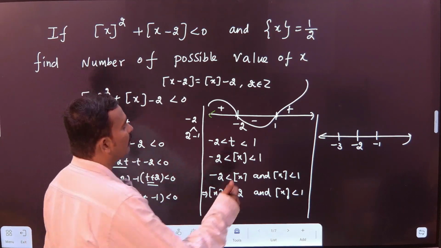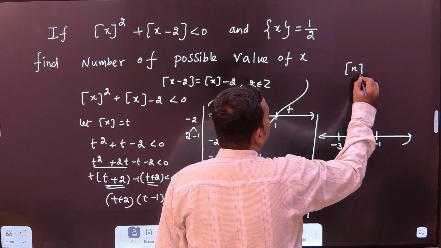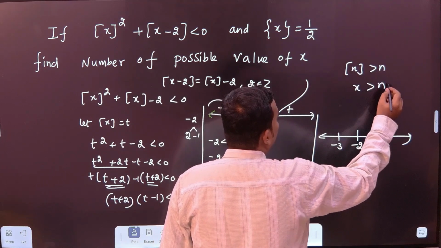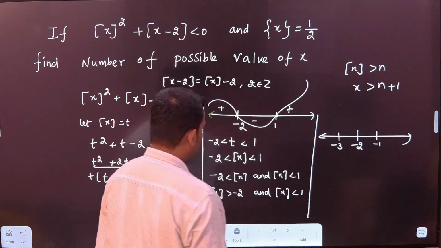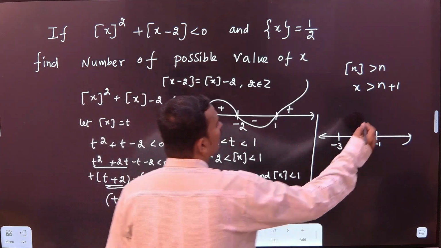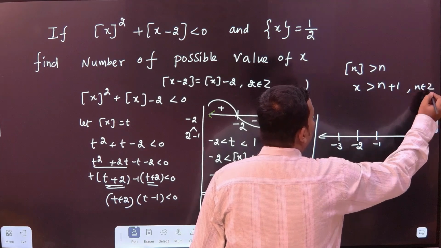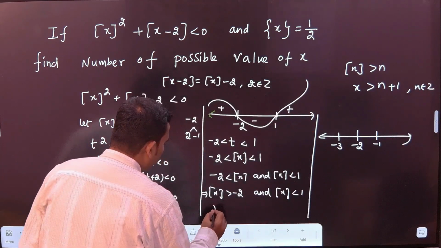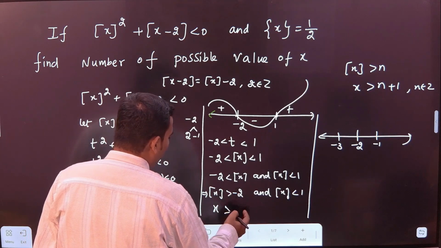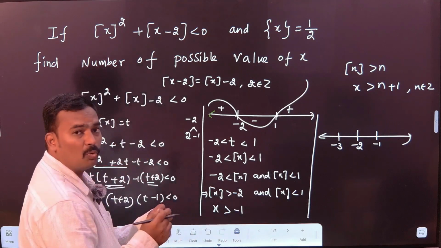So, if the greatest integer function is strictly greater than n, then x should be greater than n plus 1, right? Correct? Here n belongs to integers. You can see therefore here x is greater than minus 2 plus 1, which is minus 1. So, x should be more than minus 1.